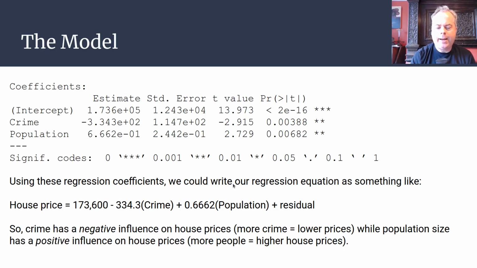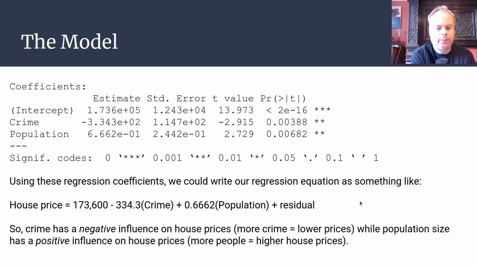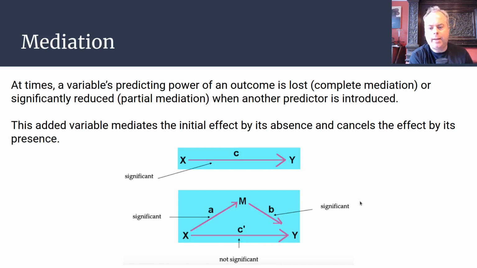So we've got a fairly nice regression equation with a fairly clear story: house prices are negatively related to crime. As crime increases, house prices go down. But house prices are positively related to population size. As population size increases, house prices go up. That's what we would conclude on the basis of the model that we built, and this is the regression equation that we would write to capture the nature of the relationships between the variables in our data set.